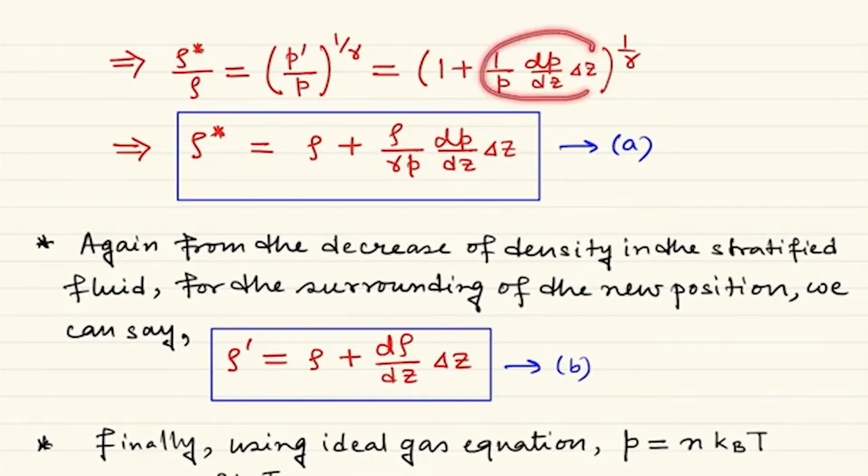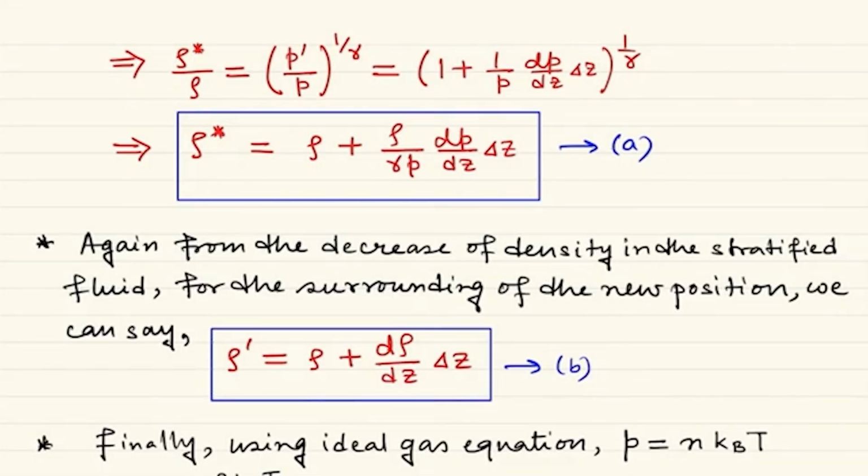This total factor can be assumed to be sufficiently small with respect to 1, so we can expand it like a binomial series.